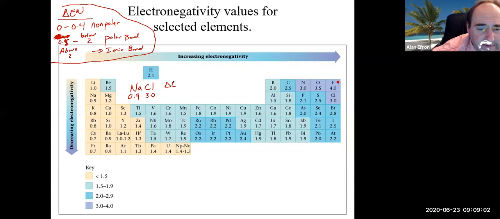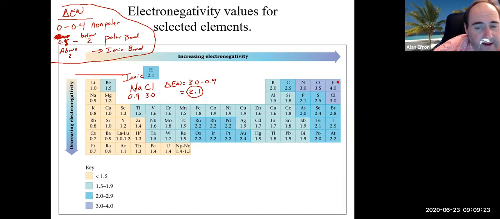So if we take the difference in electronegativity, just take the bigger number minus the smaller. That's a lot of math there, but I'm going to go with 2.1 as the difference. 2.1 is above 2, and as we would expect, this would be an ionic bond.